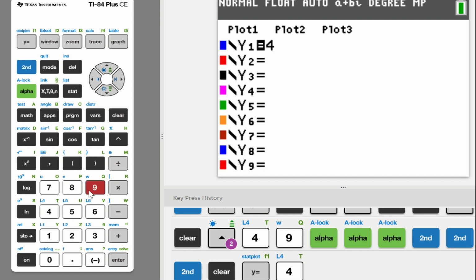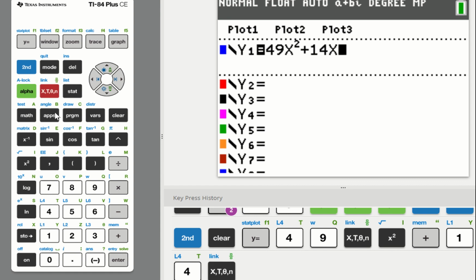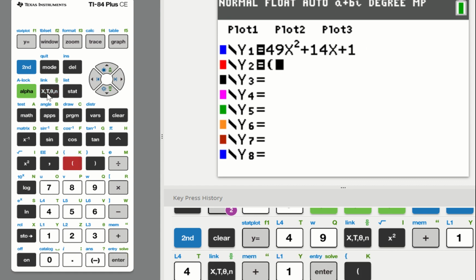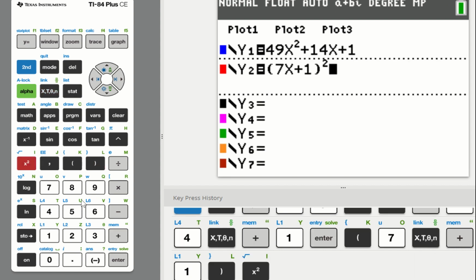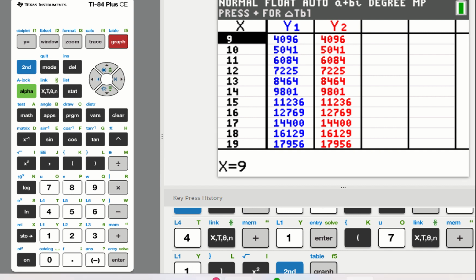Here we go, 49x squared plus 14x plus 1. And then that turned into 7x plus 1 quantity squared. If I go to my table, they should be equivalent, and it looks like they are. So that's how we know we wrote the right expression.